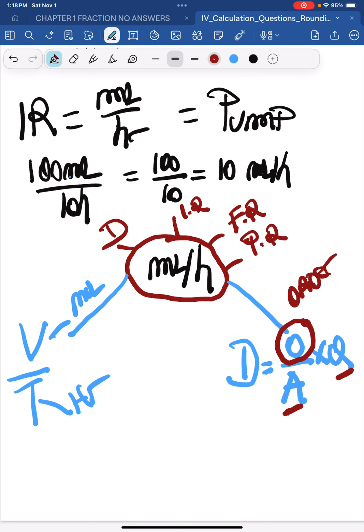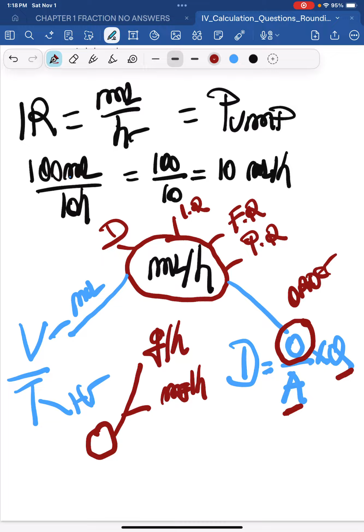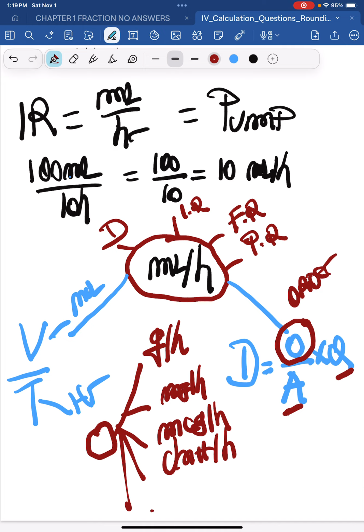Second precaution, you have to make sure that your order is in the basic shape of either gram per hour, milligram per hour, microgram per hour, unit per hour, and mEq per hour. Okay?